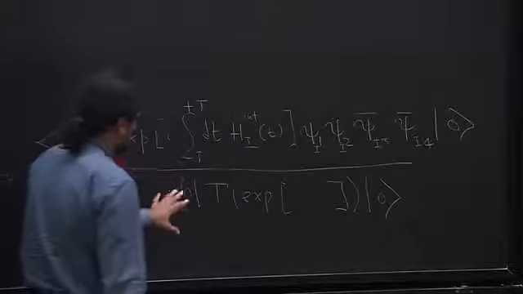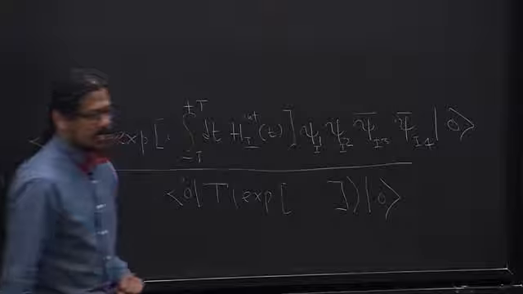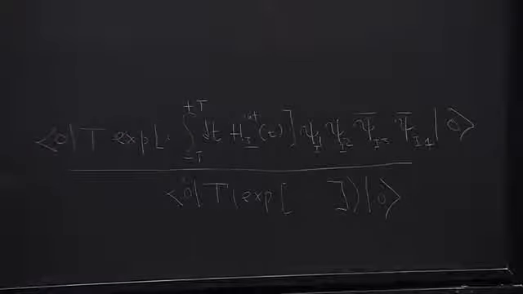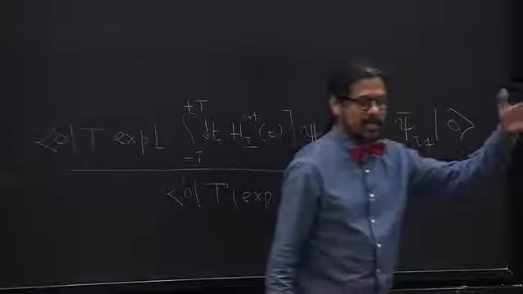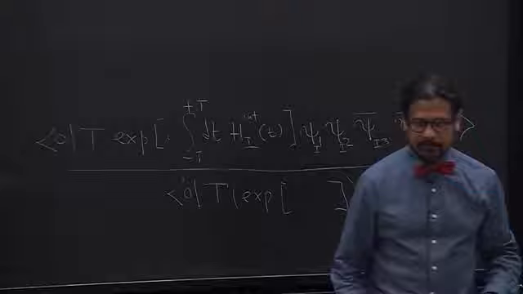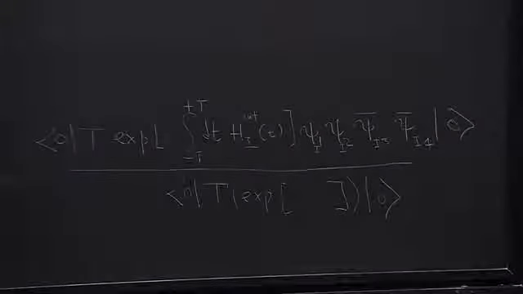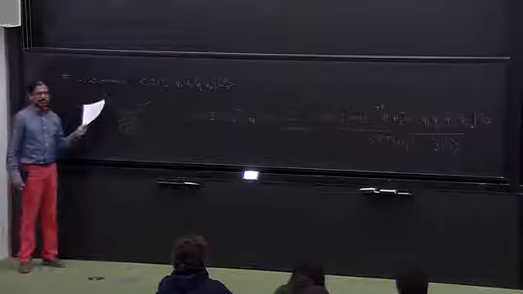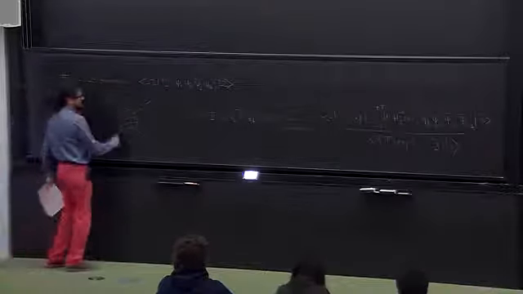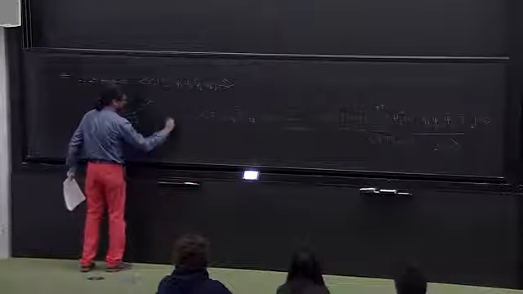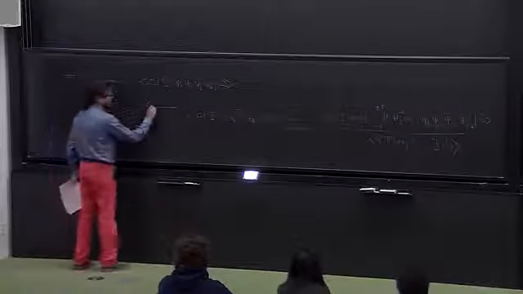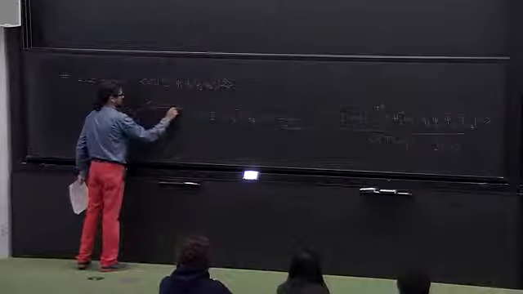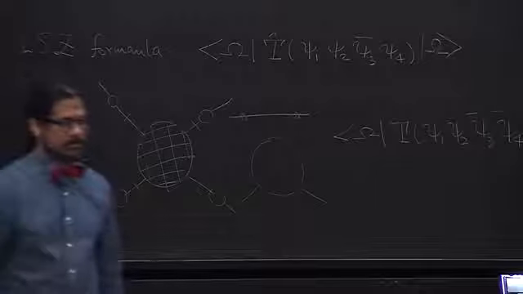So let me remind you, what this denominator does is that it gets rid of all the vacuum diagrams. However, the numerator will still have disconnected components, right? But those disconnected components are killed by the LSZ formula because those disconnected components would correspond to stuff like that, where the incoming and the outgoing particle didn't really interact with the other particles.